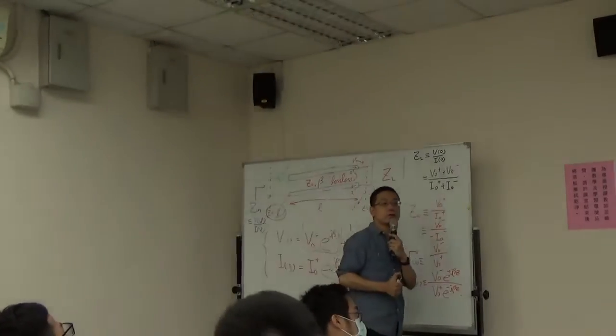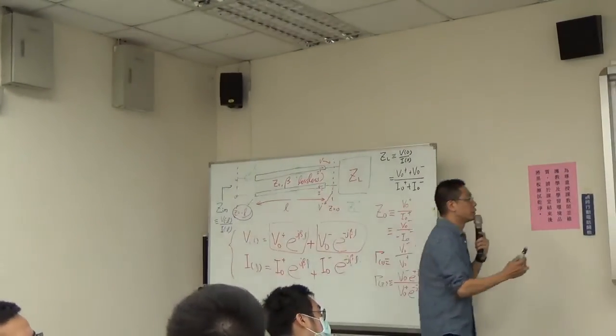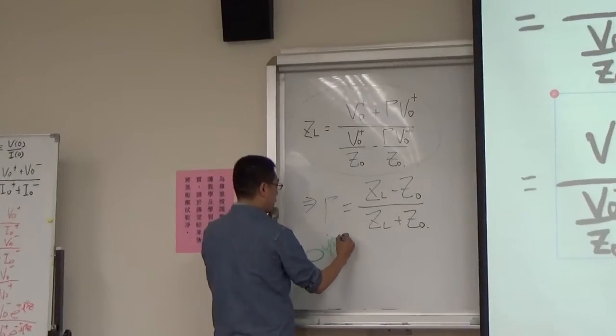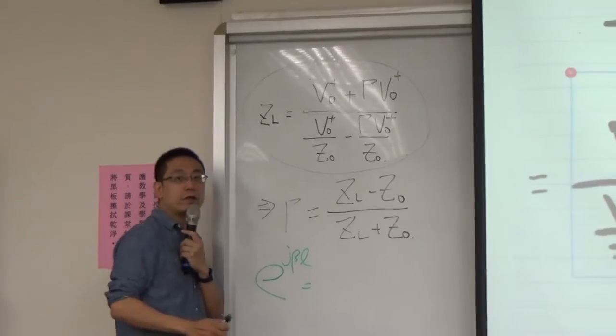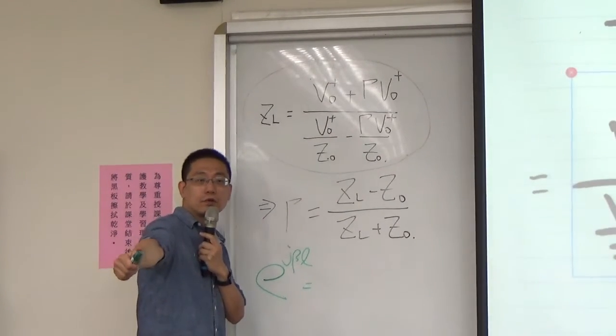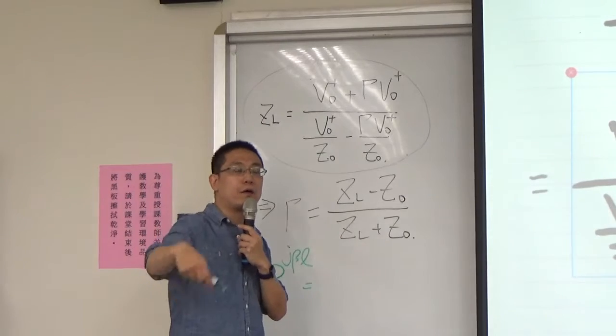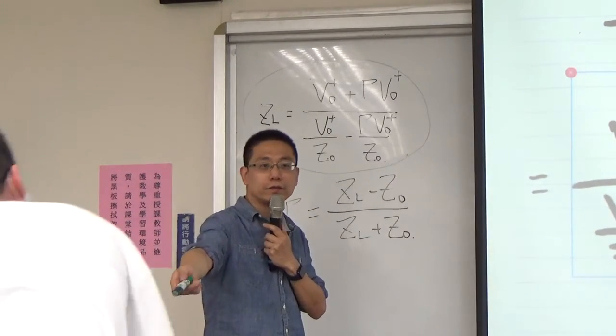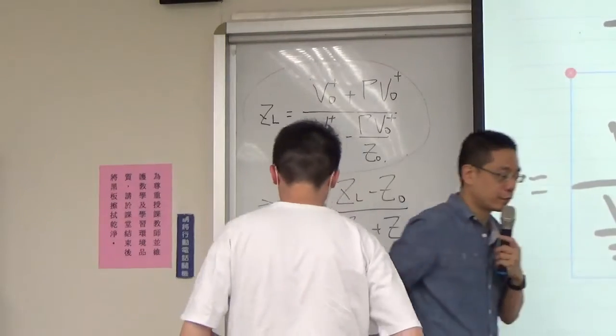Raise your hand. 2 points. Euler, exponential j beta L equals to, use the Euler. It's an easy question. Anyone? 2 points. Oh, I forgot to give you points when we take a break.